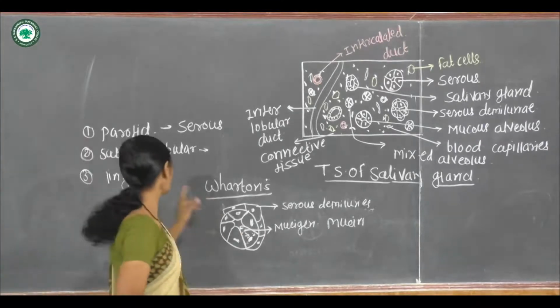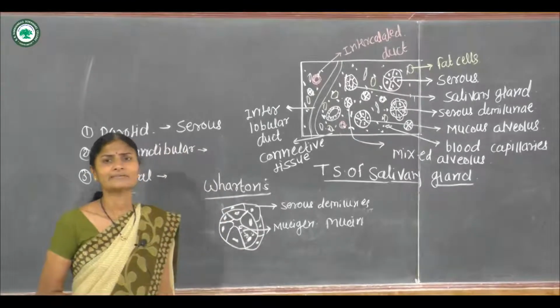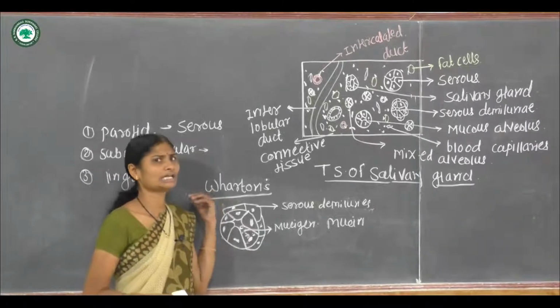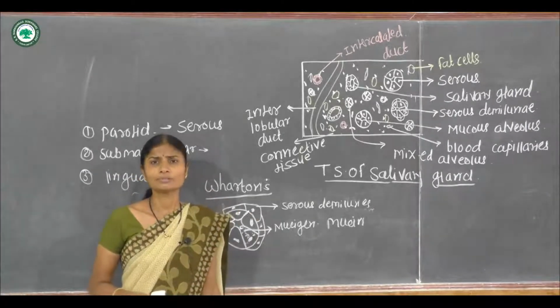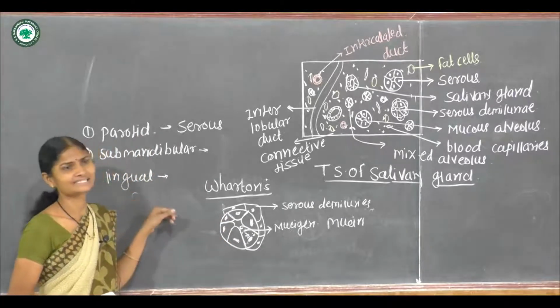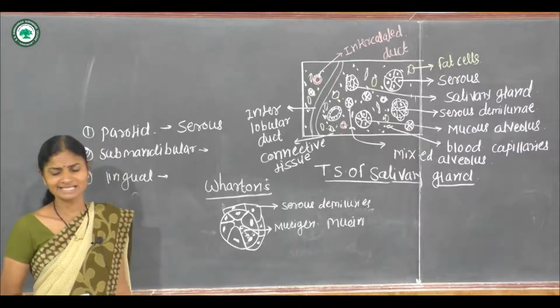Let us start with the sublingual salivary gland. This is also a mixed type of gland. Mucus secreting cells are more prominent than serous cells.